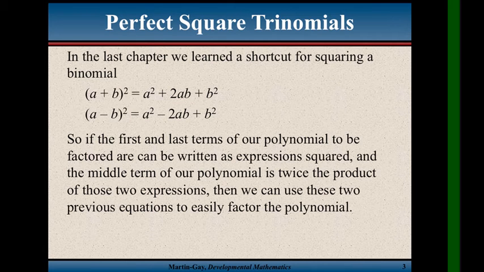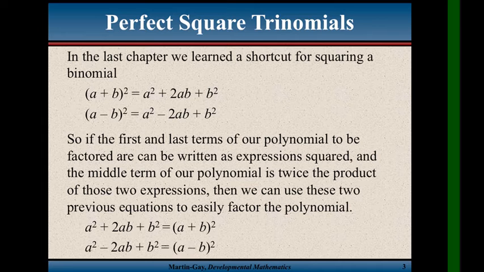So if the first and last terms of our polynomial to be factored can be written as an expression squared, and the middle term is twice the product of those two expressions, then we can use these two previous equations to easily factor the polynomial. a squared plus 2ab plus b squared is equal to (a plus b) squared, and a squared minus 2ab plus b squared is equal to (a minus b) squared.